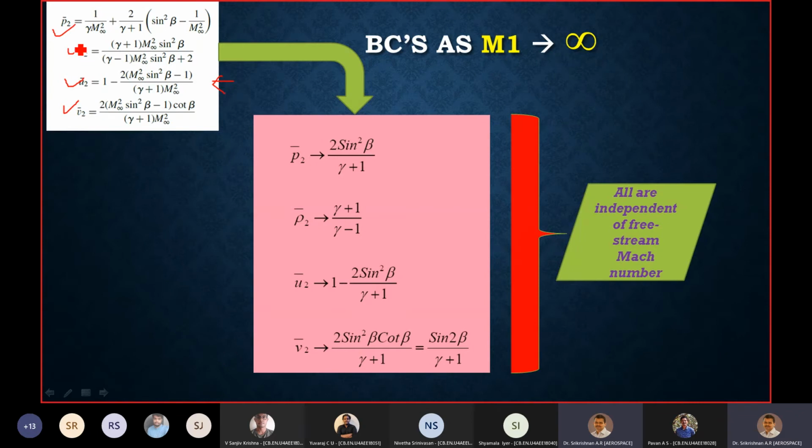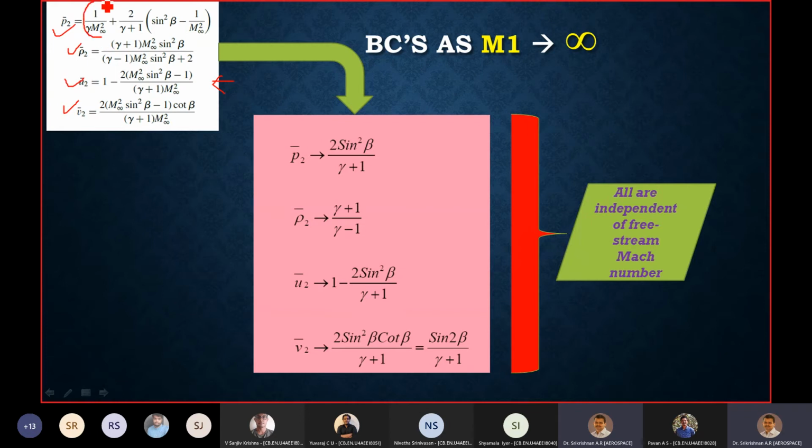For hypersonic flow, that is as M1 tends to infinity, when the Mach number tends to infinity, I can further simplify these relations. P2 can be written as 2 sine squared beta by gamma plus 1. I want you to check that. It's quite straightforward. We have done that for oblique shocks multiple times.